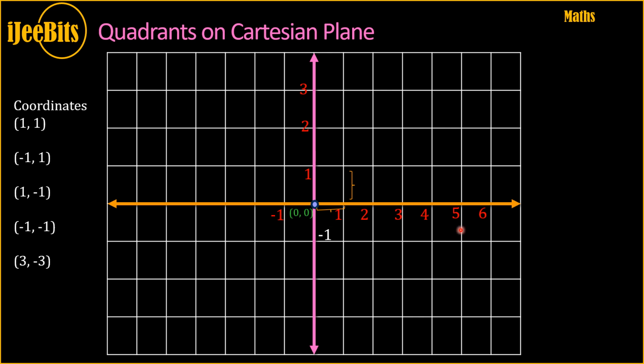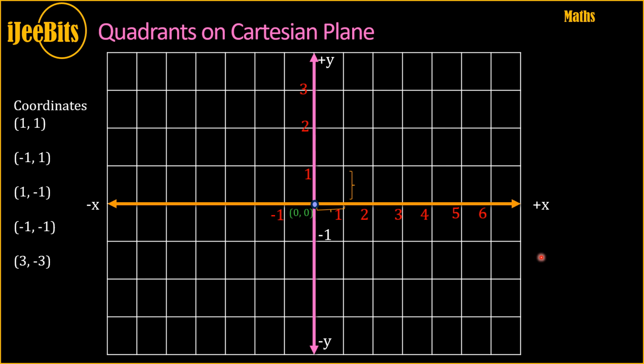Now let's say this is the positive x axis, towards your right, and towards our positive y direction. Opposite to positive x there would be negative x, in the negative direction, and the downward direction opposite to positive y would be negative y. That is how your Cartesian plane is divided into four parts.